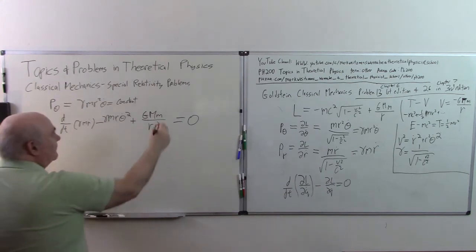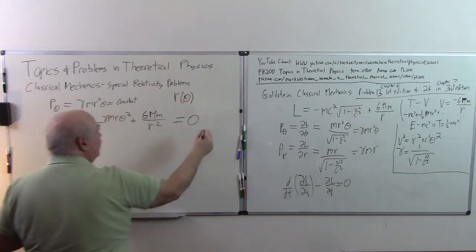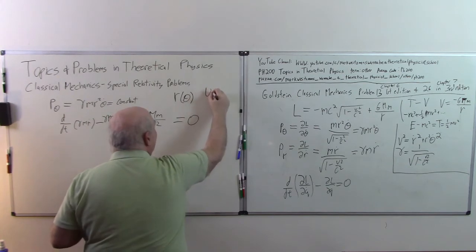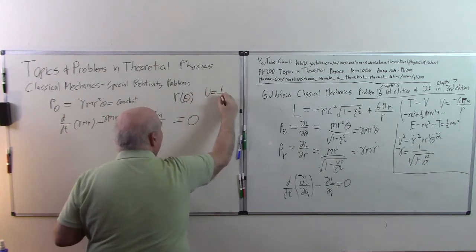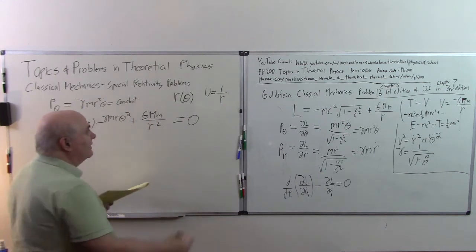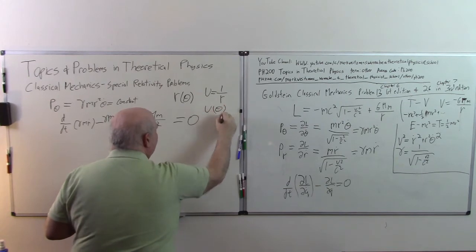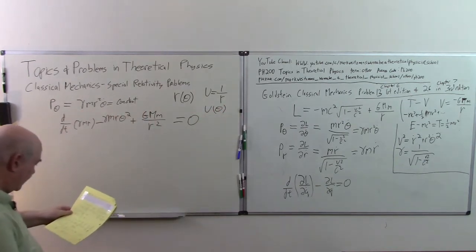So we're trying to solve for r as a function of theta, and then we're going to make a definition very soon, u equals 1 over r, just as you do in the usual Newtonian problem. We're going to look for functions u of theta when I get the final differential equation.